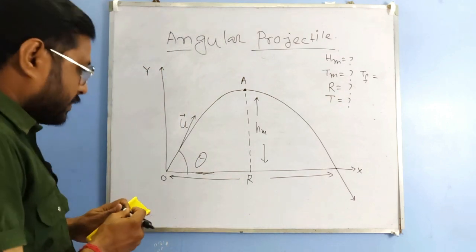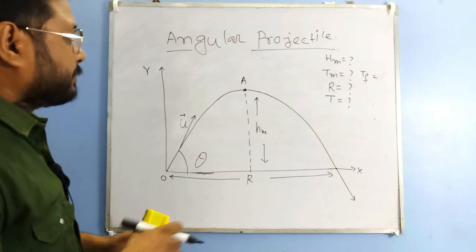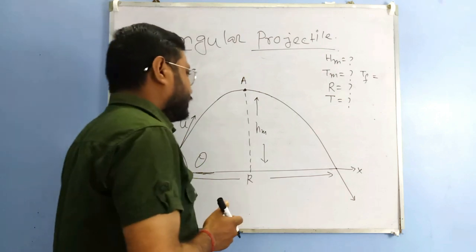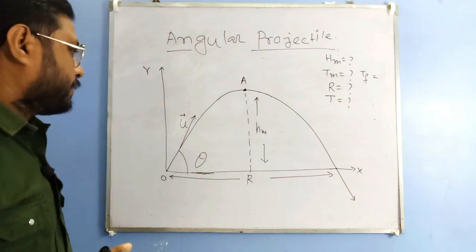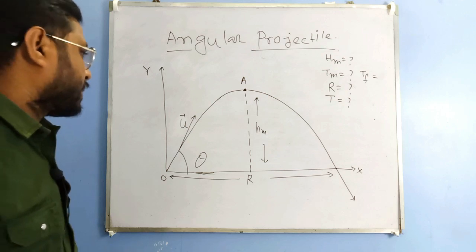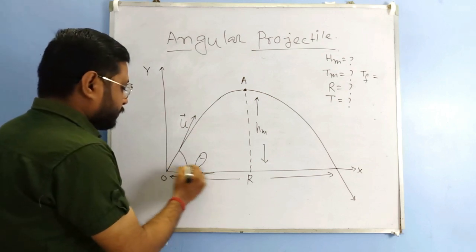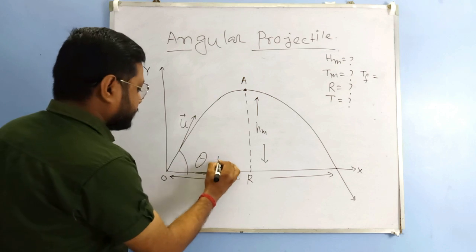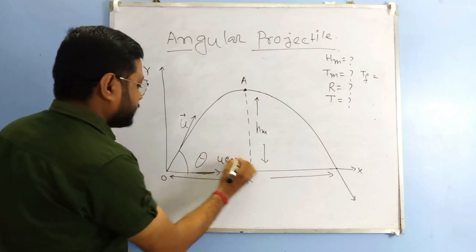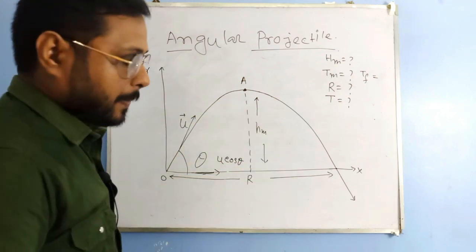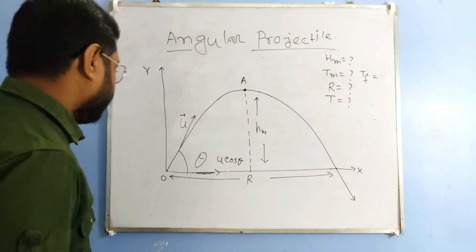As we said in the previous class, about the independence of motions, the horizontal component of velocity along the x-axis is u cos theta and remains unchanged throughout the motion. It does not change at any point.